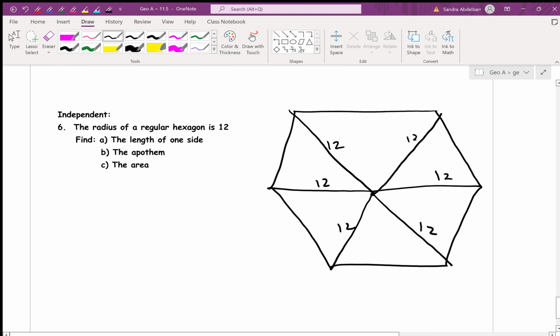All right, we still have to do what we did last time. And remember that all of these central angles are congruent. So how would I find just one of them? Good. One central angle will be 360 divided by 6, which is 60.